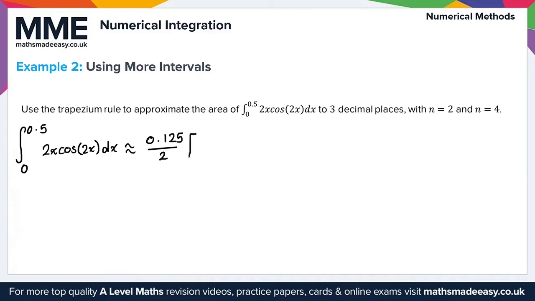I'm going to use the exact form. The first one will be equal to 0 anyway, so that's 0. The last term, remember, is plus cos 1. I'll put that at the front, the first term and the last term, that's our y4. Then everything else is going to be 2 lots of everything else.